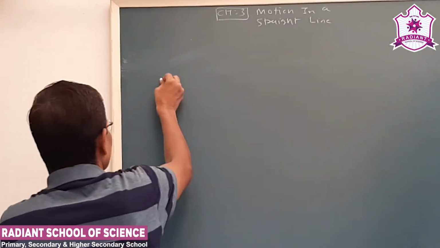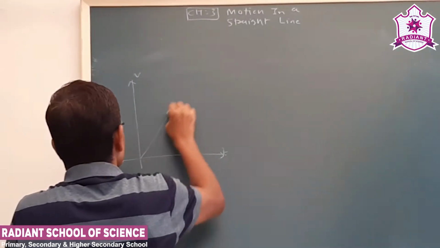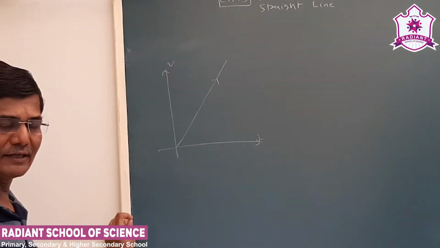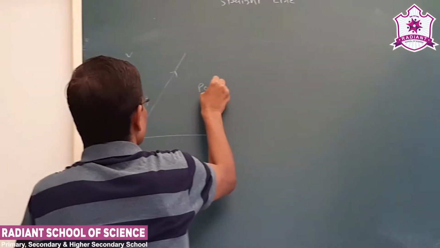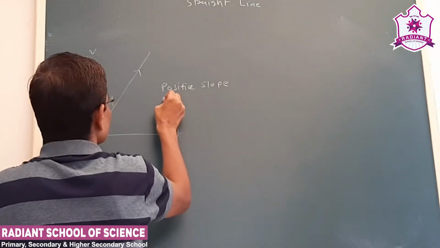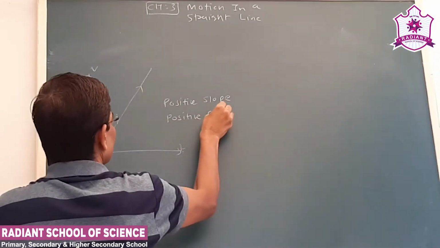So from this we can say, in a v versus t graph, if velocity increases with time, that is a positive slope or positive acceleration.